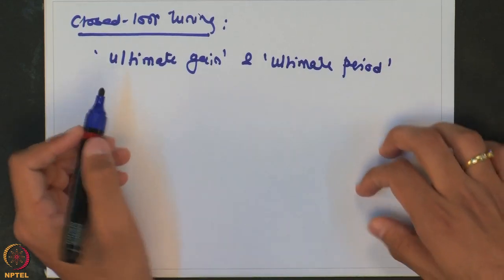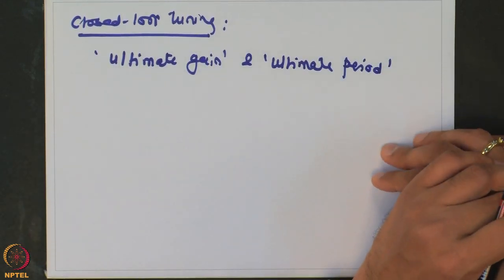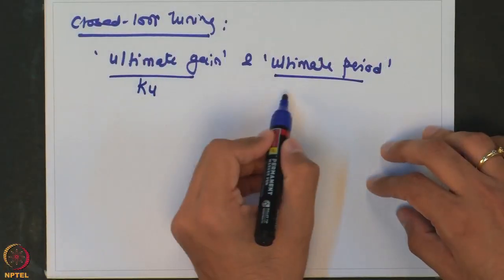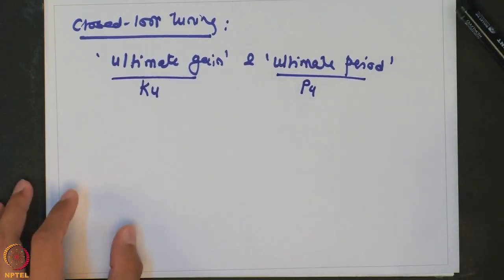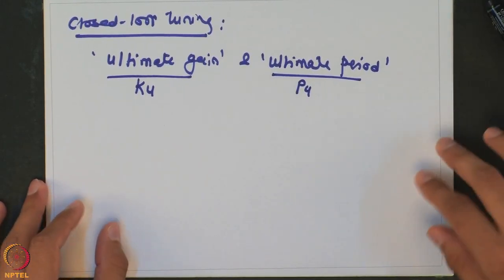For open loop testing, all we were interested in was to convert your actual response into a first order plus dead time model. In closed loop tuning, we are interested in obtaining these two values represented as Ku and Pu. So, let me explain what I mean by Ku and Pu.